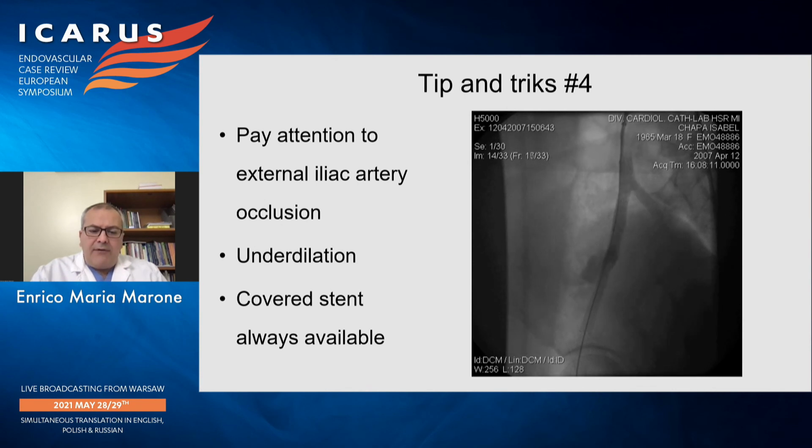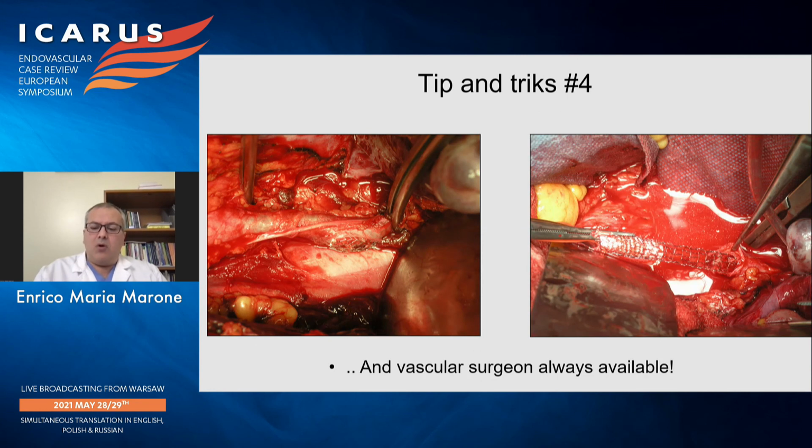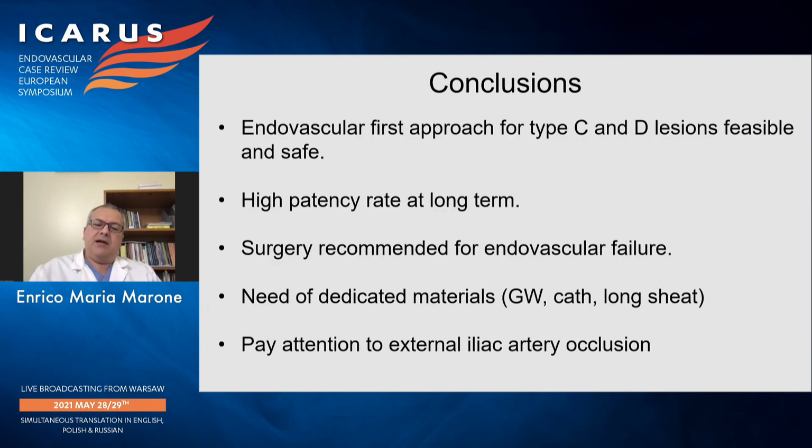The covered stent, in the treatment of external iliac arteries, must always be available, and in this case you can see the covered stent inside the stent. In this way, it is better to have a vascular surgeon always available, because we may convert this kind of case.